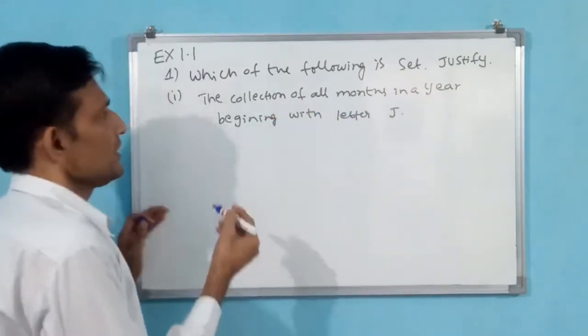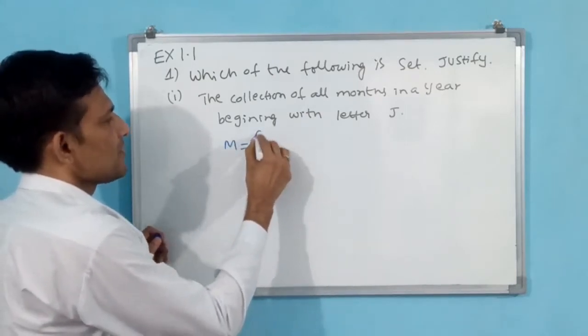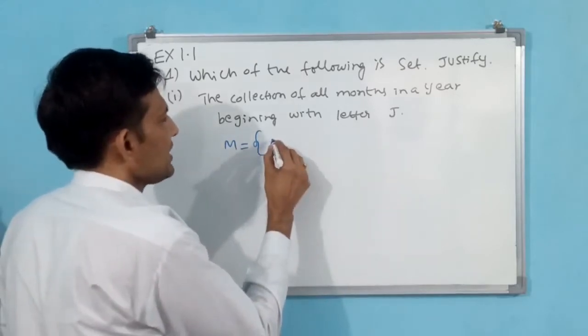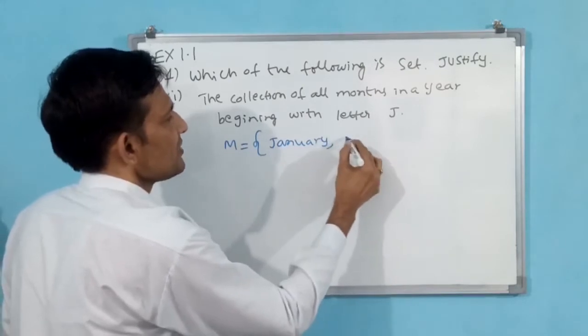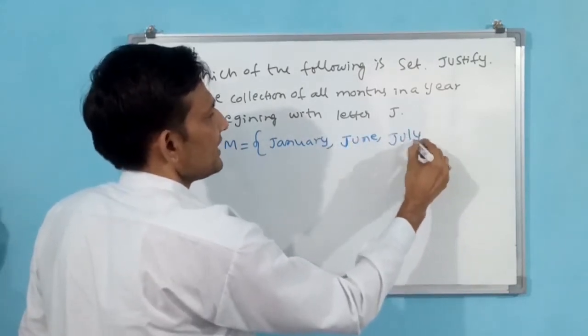Okay, normally if you see a collection of all months, you can write like this. M is equal to, what are the months beginning with J? Normally, J is January, J is June, J is July.